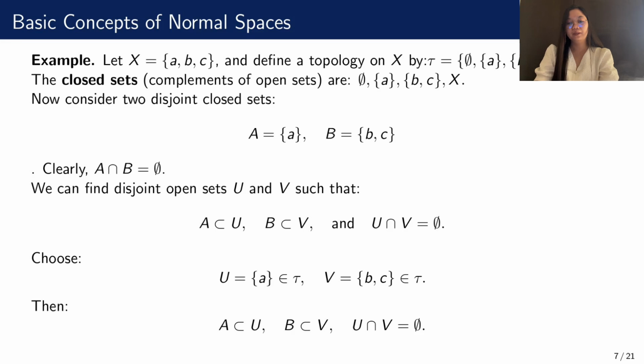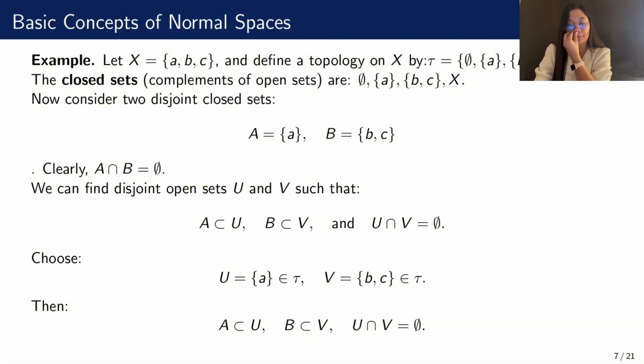So we now consider two disjoint closed sets, so that we have a normal space. Okay, we'll let A be equal to A and B be equal to B. And we know that they have no common elements, so they are disjoint.